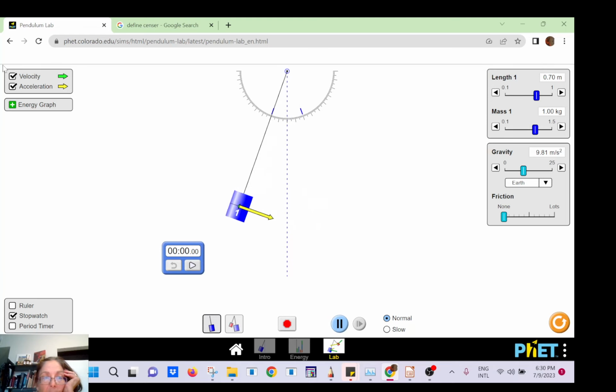So in yellow, you have the acceleration. And you see that the acceleration is large, it goes to 0, then it's large, and then it goes to 0 here, and then it's large. Let's make it slow.